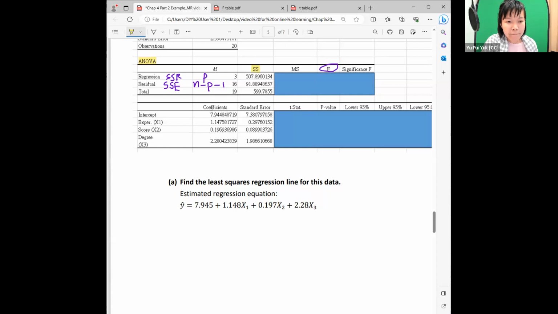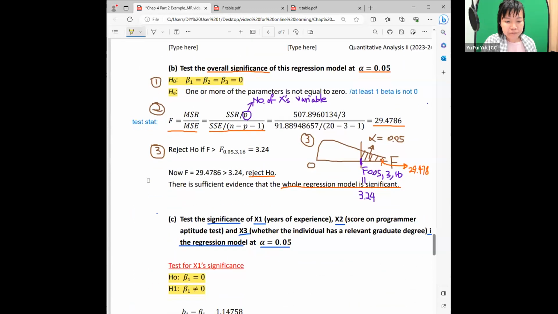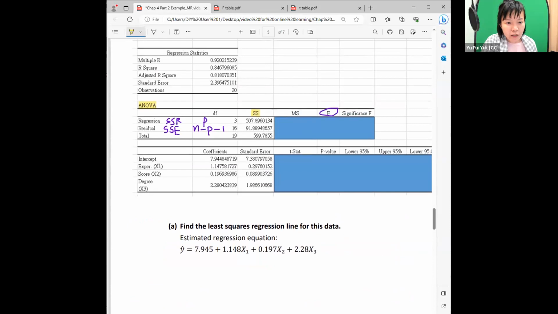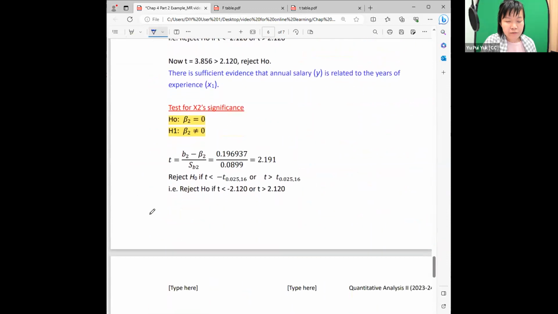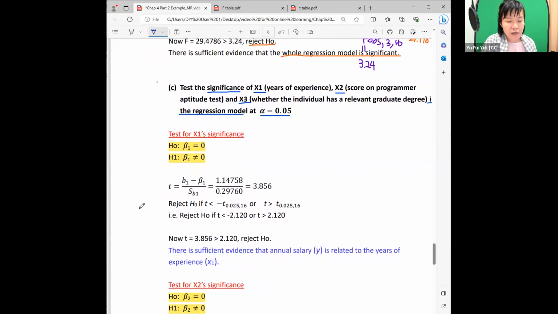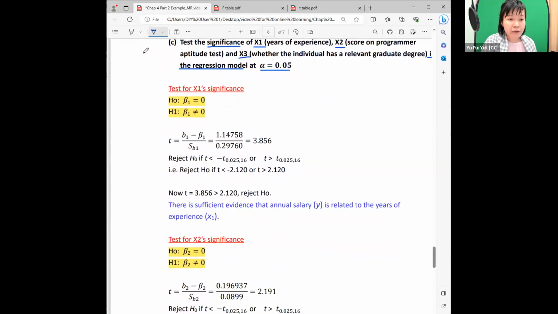So here we have to make use of the coefficients and the standard error, these two pieces of information, to find the t-test statistics. So how can we find the t-test statistics? Let me highlight this one. You have to memorize the test statistics formula by yourself.